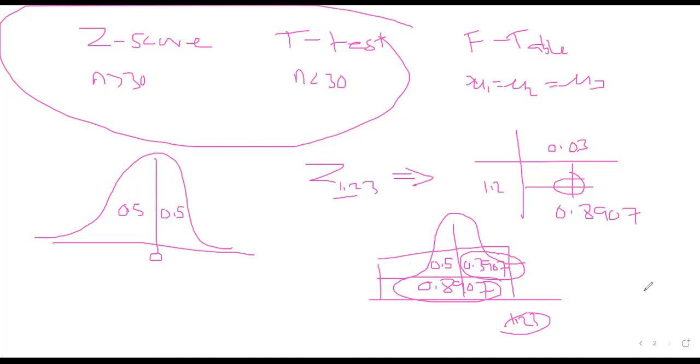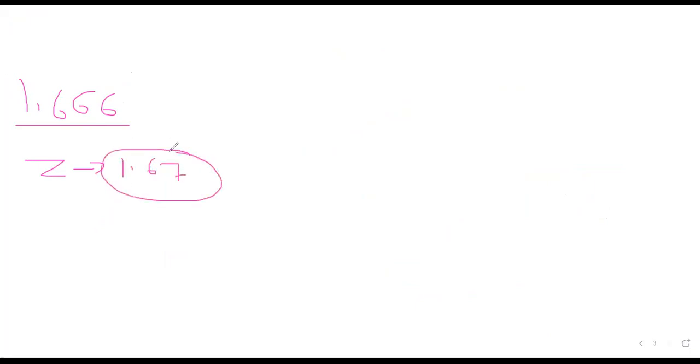Suppose we have a number like 1.66. You round off to the nearest two decimal places, so this is 1.67. How do we read this one? We go under 1.6 and under 0.07, where they meet. That is where the reading is.